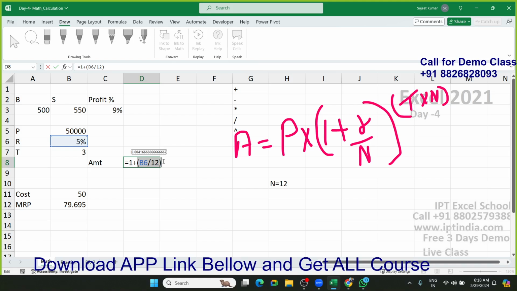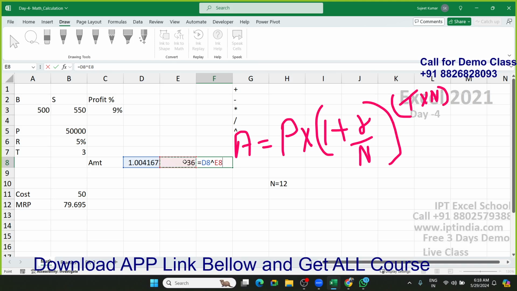Press enter. Now we calculate T multiplied by N, so equals time multiplied by 12. Now we want the power of both. So we select this, give the power symbol and select the 36.